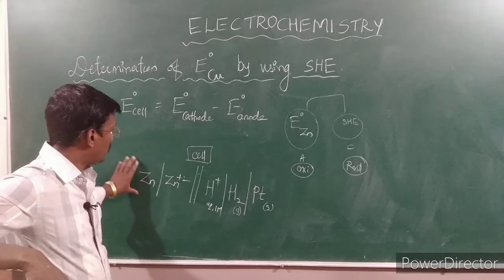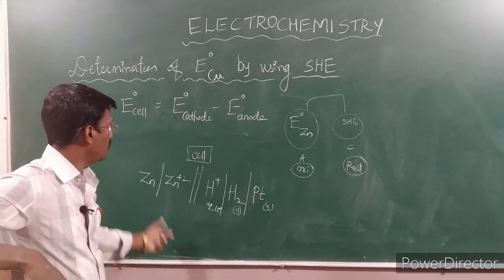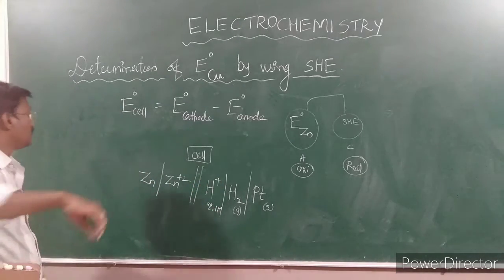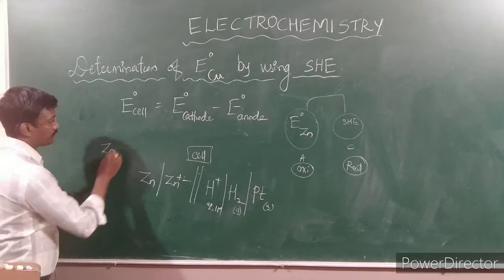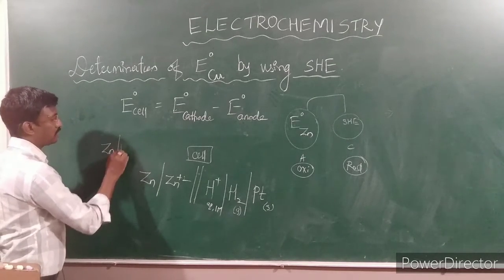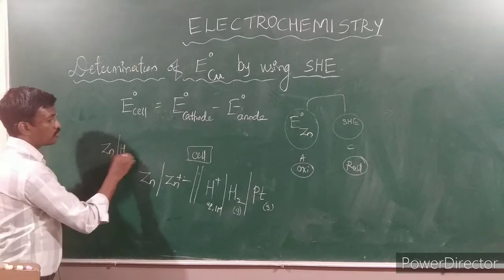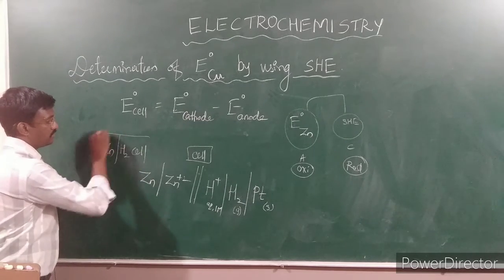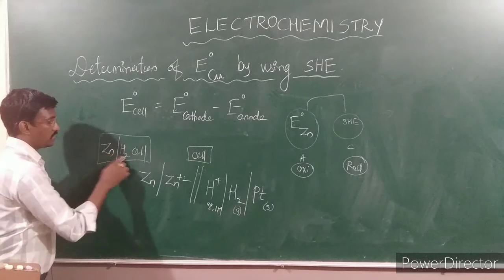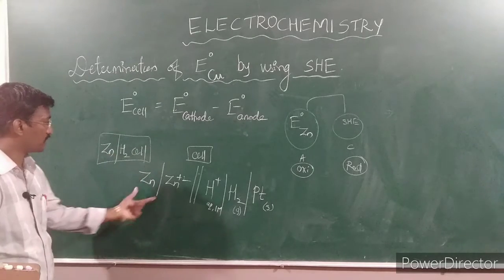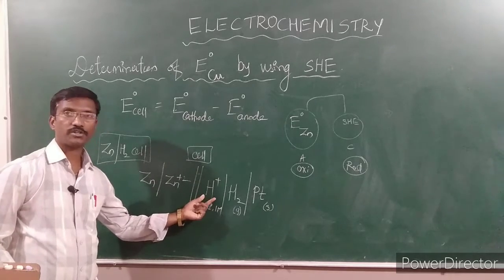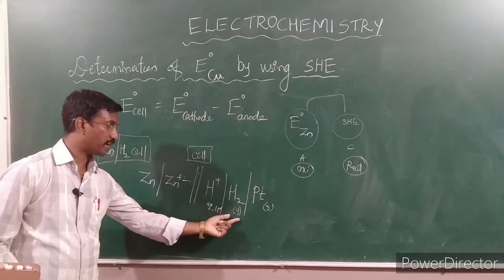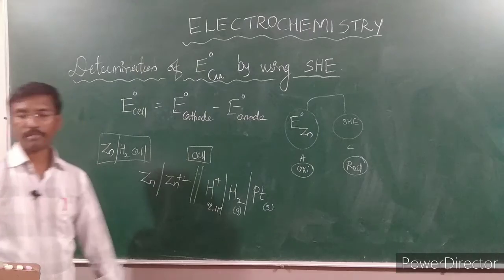It means that when the zinc rod is connected to the SHE, under that condition, this is the cell representation. Commonly we can call this the zinc and hydrogen cell. The zinc and hydrogen cell representation is a zinc rod dipped in zinc solution, a salt bridge, and hydrogen ions generated by the hydrogen gas deposited at platinum.